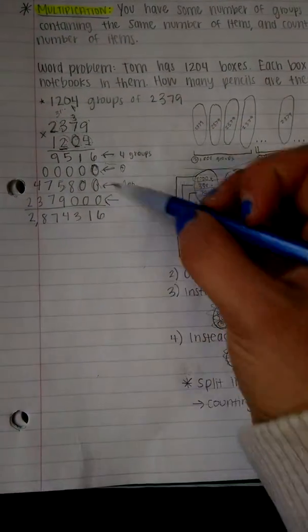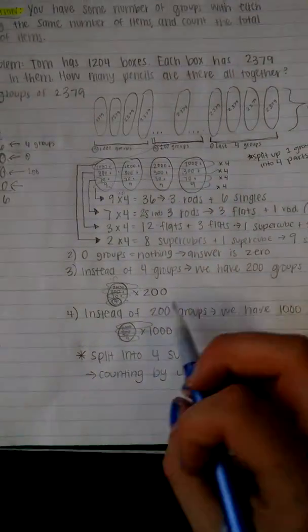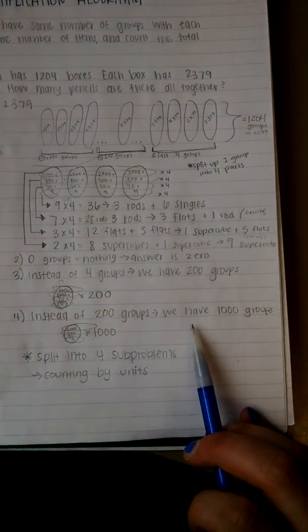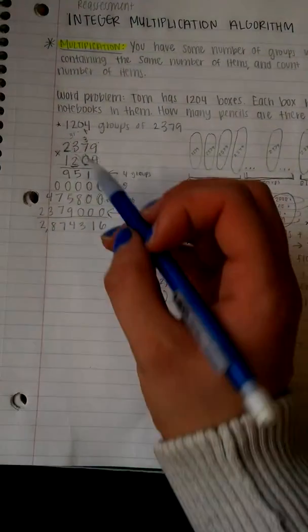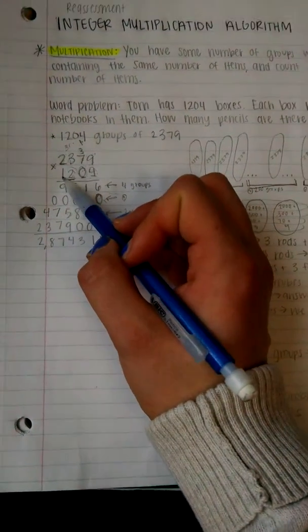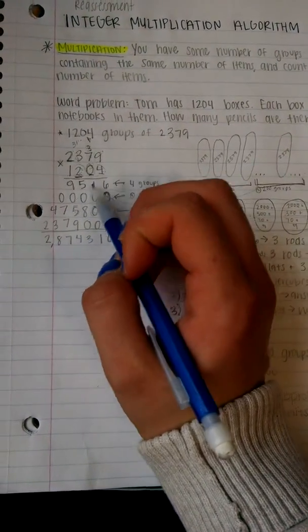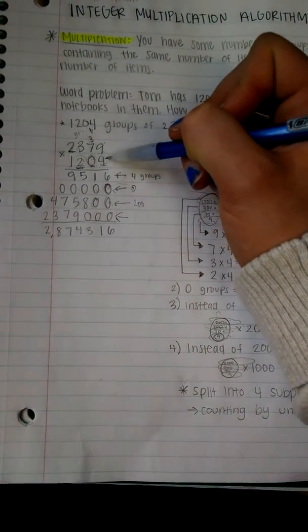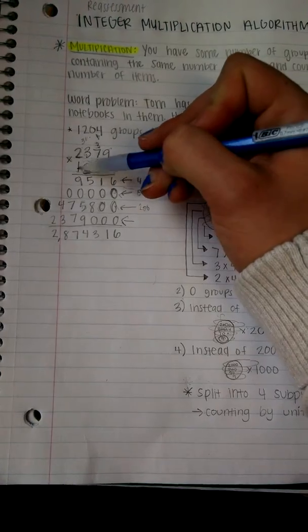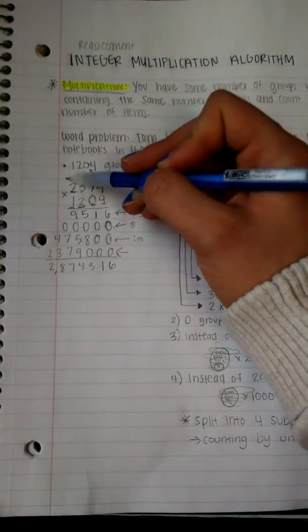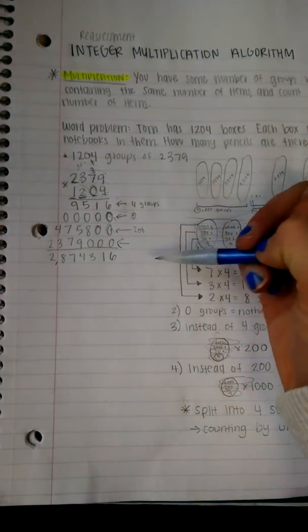Instead of 200 groups, we are going to have 1,000 groups, because we did the singles, rods, flats, and now we're doing the supercubes, in other words, multiplying this number by 1,000.